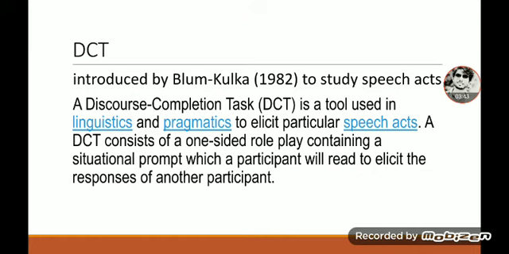I will give you an example of this situation. For example, if I am using a discourse completion task for the purpose of getting the sociolinguistic competence or pragmatic competence of the target language learners.